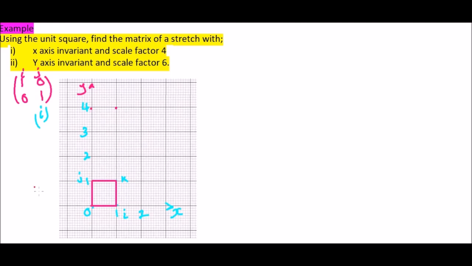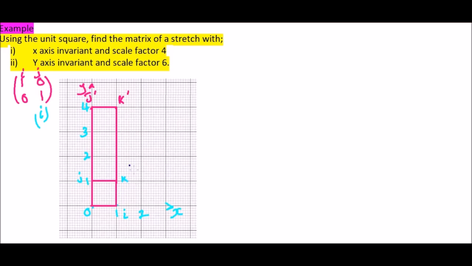So this will be the image of k, and this the image of j, that is j prime. We join the points to see the transformation that has taken place. So this is the transformation that has happened. We have our object and we have our image.